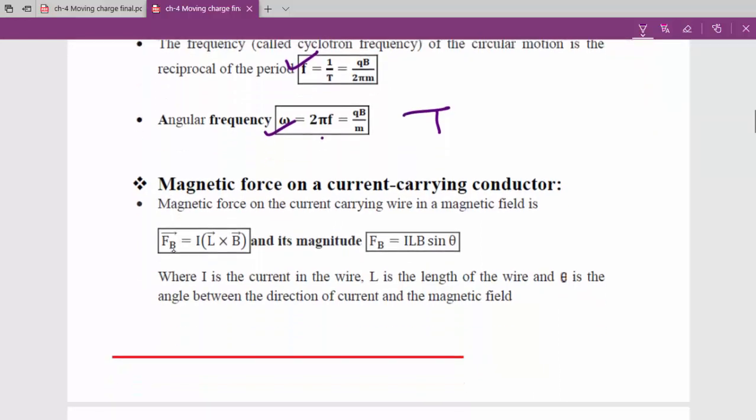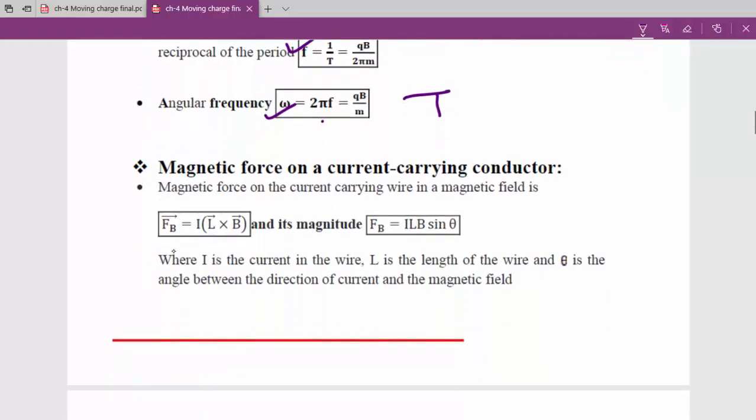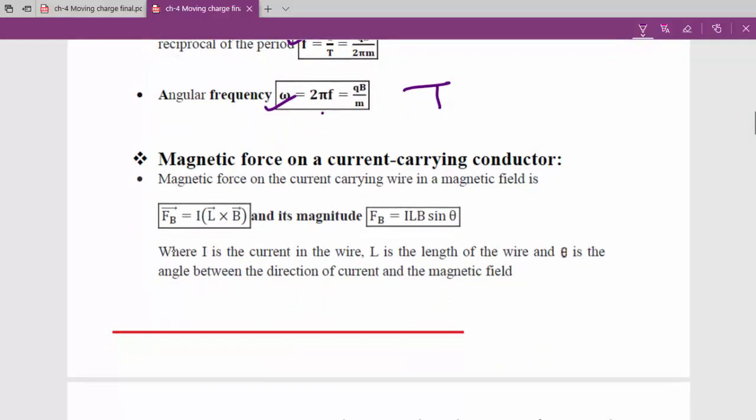Next is the magnetic force on a current carrying conductor. What is the meaning of this? If you take a current carrying conductor and it is placed in a magnetic field, making an angle theta, then the magnetic force experienced is Fb equal to ILB sin theta.